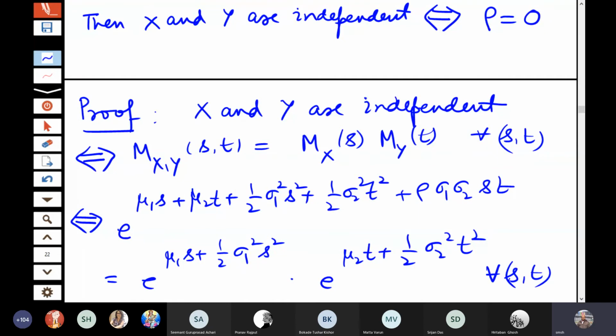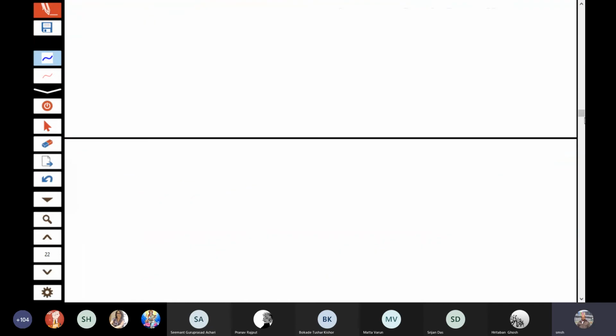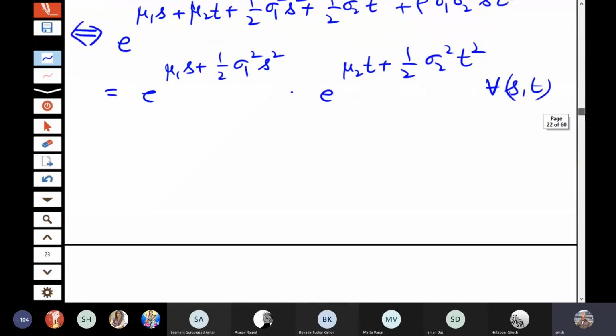So for all s and t, it is possible if and only if rho is equal to 0.